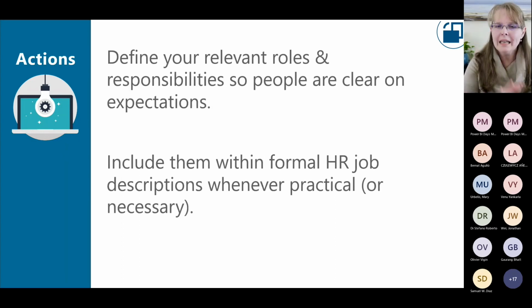And we need to have our roles and responsibilities. We need to have people be clear on what we're asking of them, especially those Power BI champion type of people that produce and take responsibility for content in their group. And then a lot of times we're asking them to take on first line support of that.